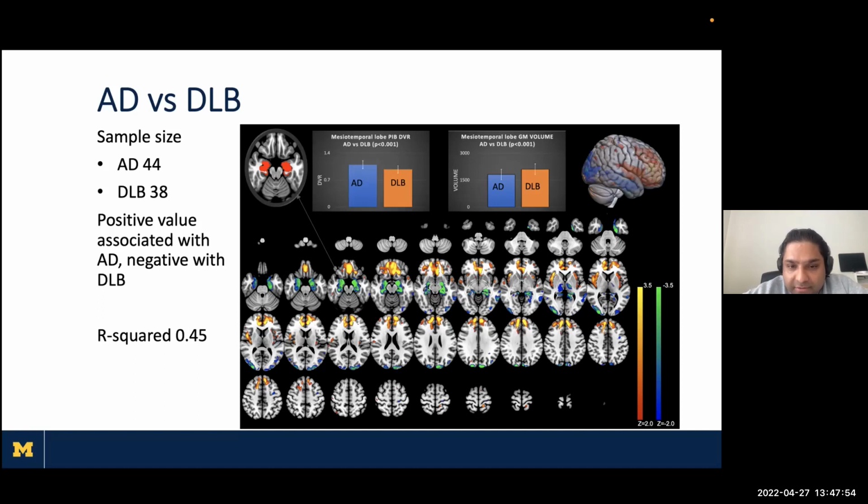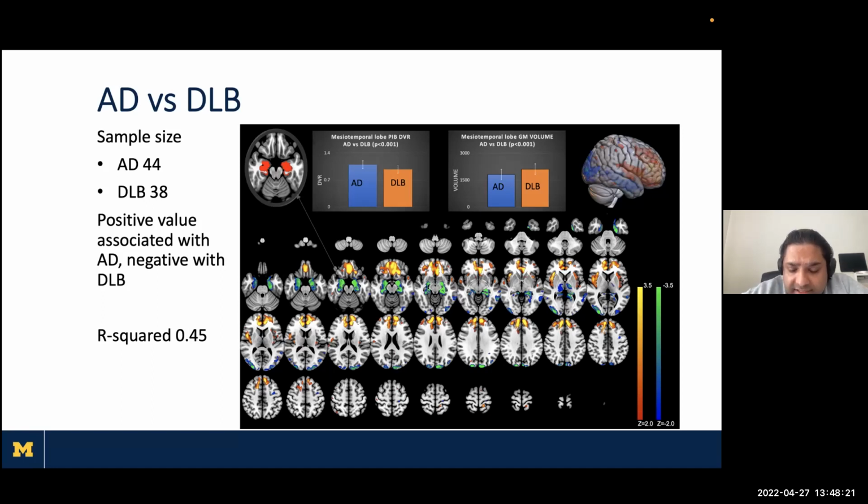What we found is that in AD, the amyloid binding is more seen in bilateral insula, anterior and mid cingulum, frontal lobe, parietal and post-central, whereas in DLB, it's more in inferior, mid, and superior occipital lobe, thalamus proper, fusiform, and calcarine.